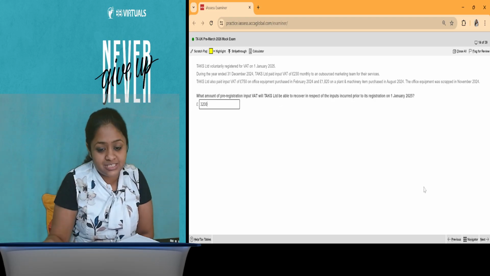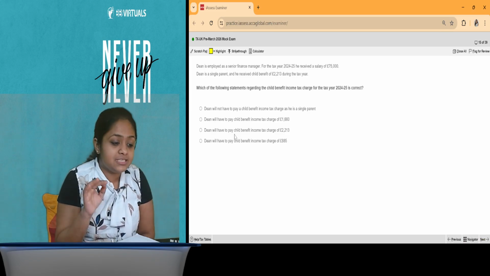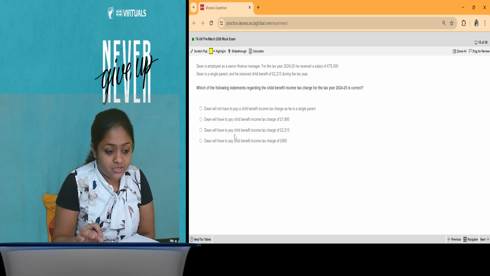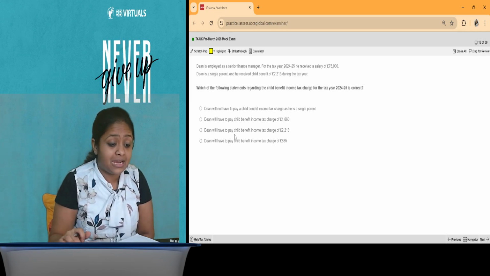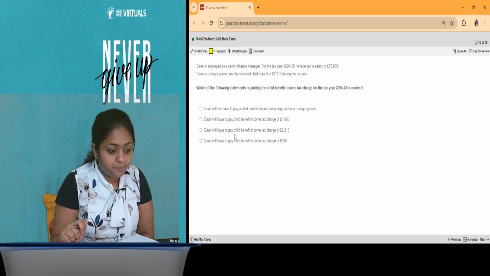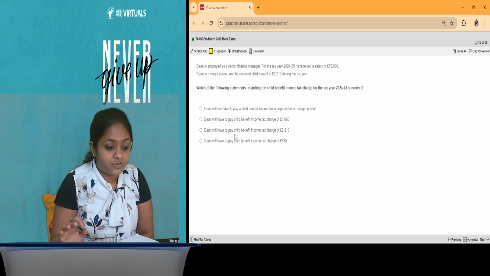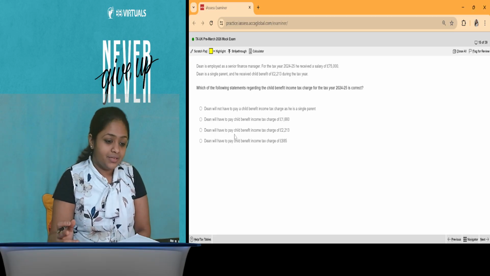Clear? Great. Let's go to the last question of your section A, which is: Dean is employed as a senior finance manager. For the tax year 24-25, he received a salary of 75,000. Dean is a single parent, and he received child benefit of 2213 during the tax year.